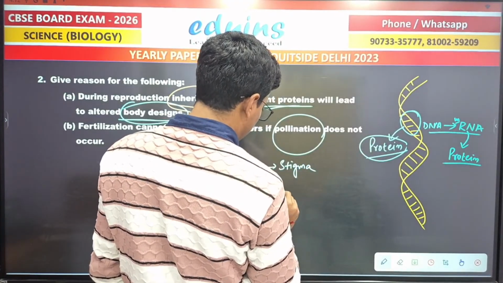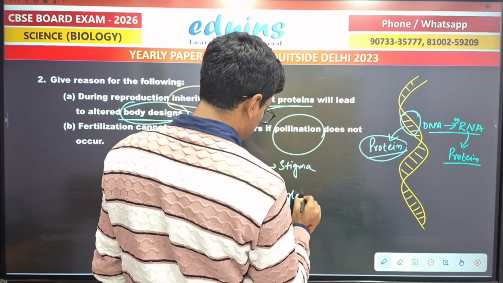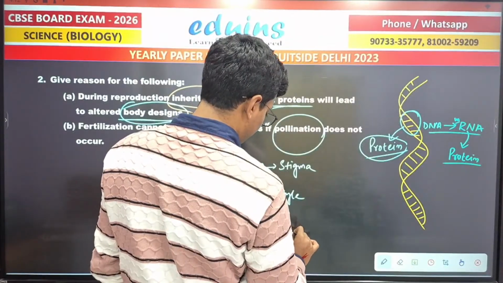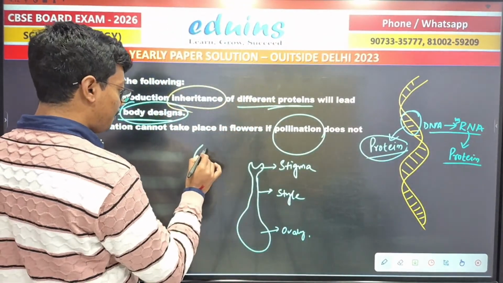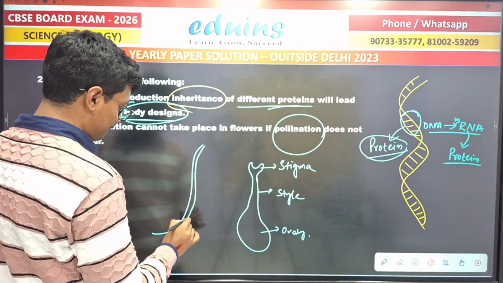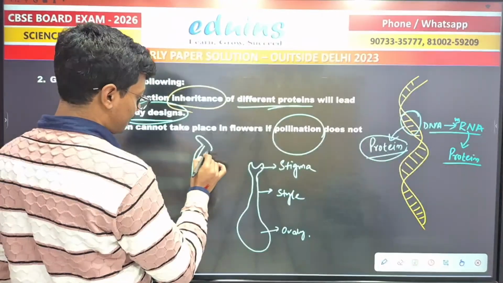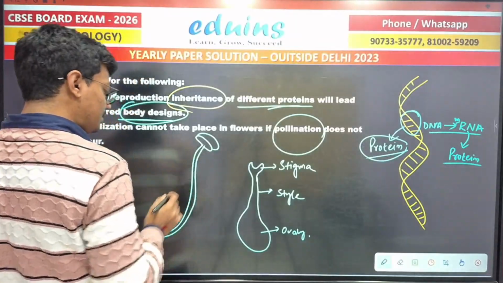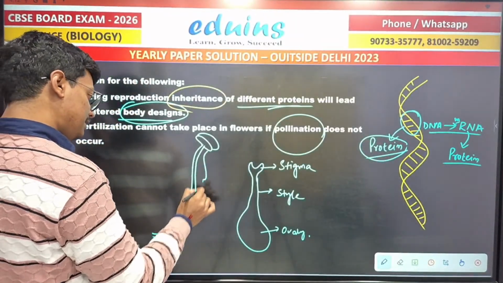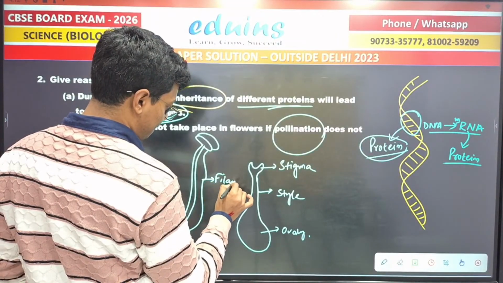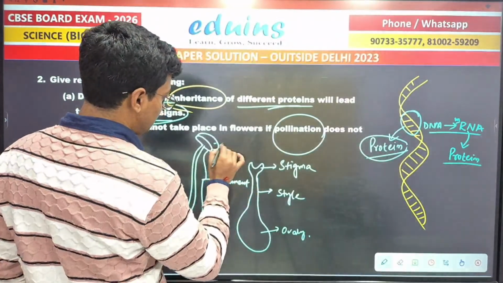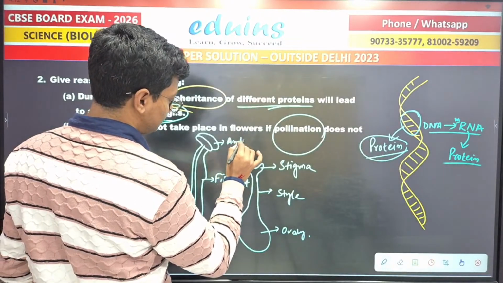This is the style, and this is the ovary, and this is the male reproductive part. This part is called the filament, and this is called the anther.